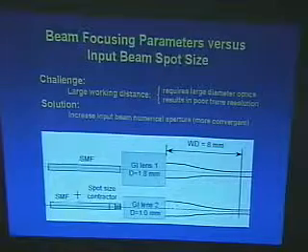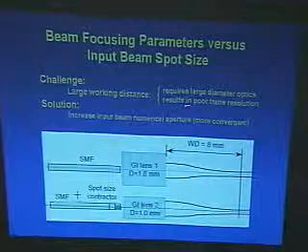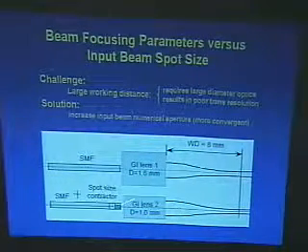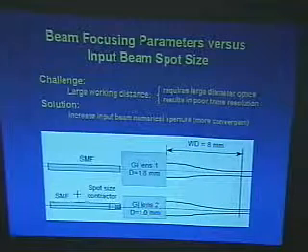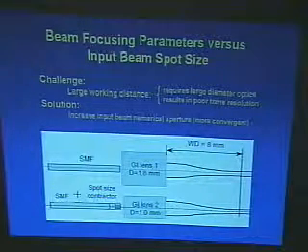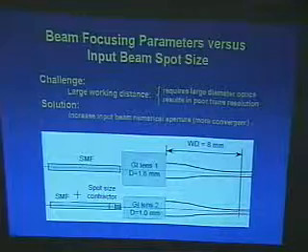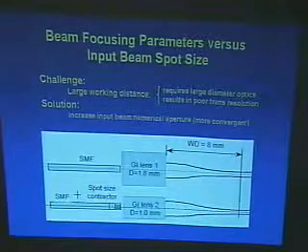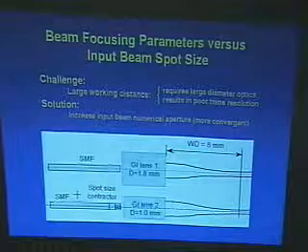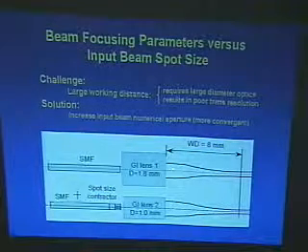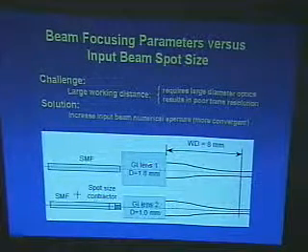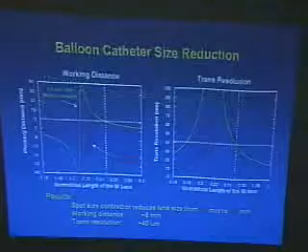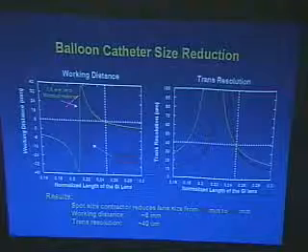Like I said, in order to achieve a larger working distance, you need large optics. Another way we recently found is that we can still use small optics, but focus the beam very tight at the very beginning, and then we can fully utilize the aperture. In other words, we can increase the numerical aperture. By doing that, we can reduce our catheter optics from almost 2 millimeter down to 1 millimeter. Here just shows you how we can do this.